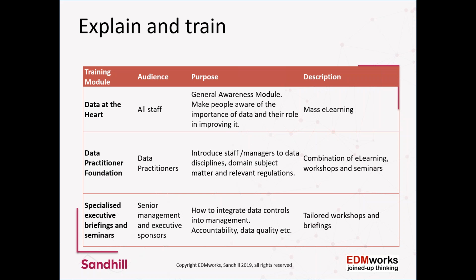Then we have things like data practitioner foundations. That's for the SMEs across the business to make sure that they've got everything that they need, and then a whole series of tailored specialized executive briefings and seminars to help executives make the transition.